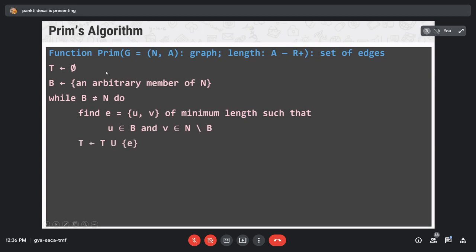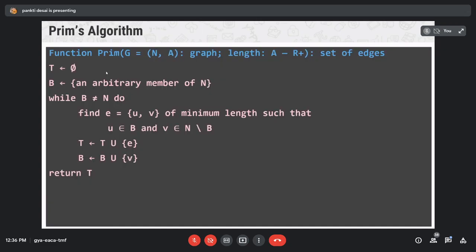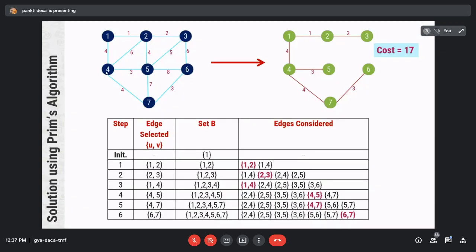Then add that value of e into t, and add that particular vertex into b, and return t. So this is Prim's algorithm.